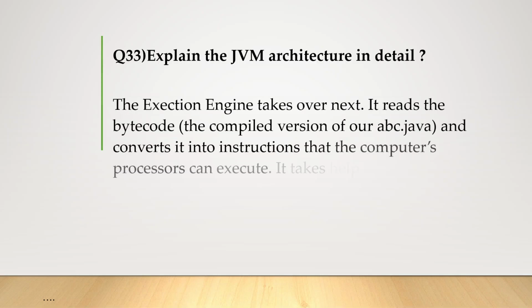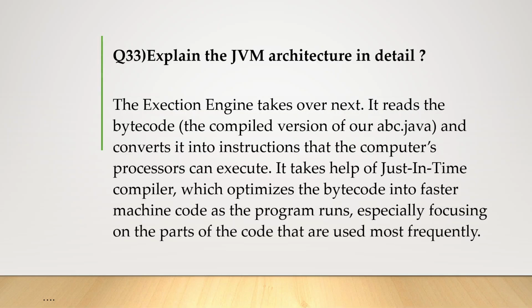The execution engine takes over next. It reads the bytecode and converts it into instructions that computer processors can execute. It takes help of the just-in-time compiler, which optimizes the bytecode into faster machine code as the program runs, especially focusing on parts of the code that are used frequently.